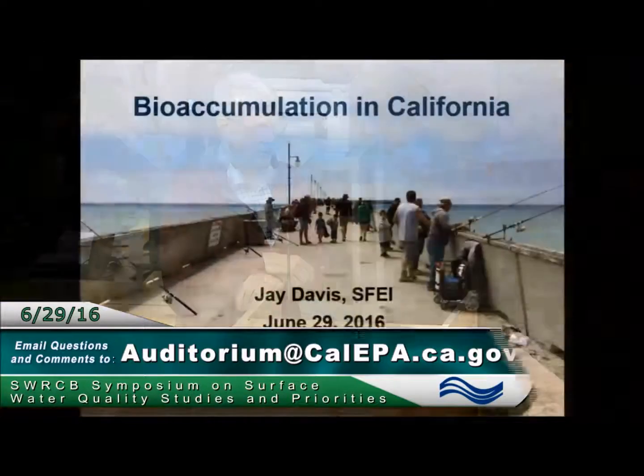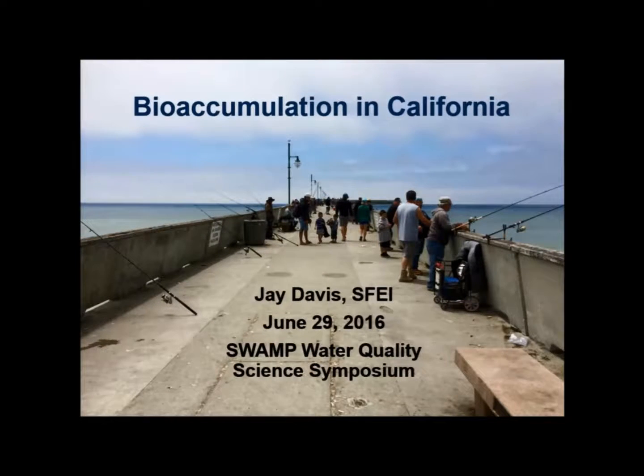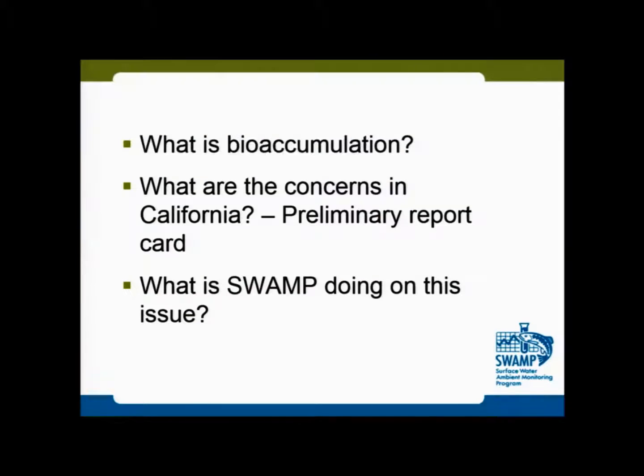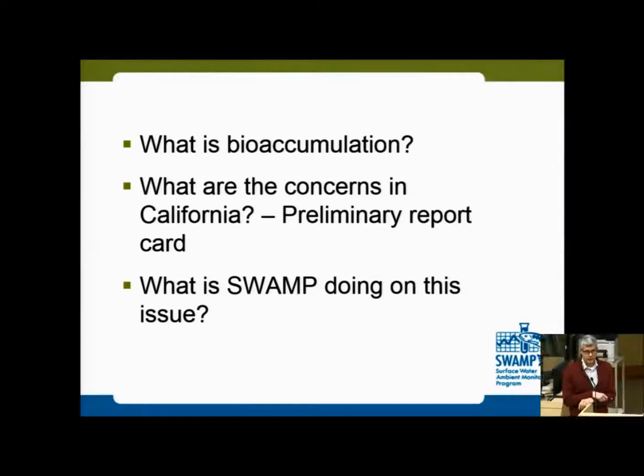It's great to be here today for this first Water Quality Science Symposium. I think it's a great idea and hope that this is the beginning of something that continues for a long time. I thought I would start with some general information, defining what bioaccumulation is, because even sometimes the scientists get that a little wrong.